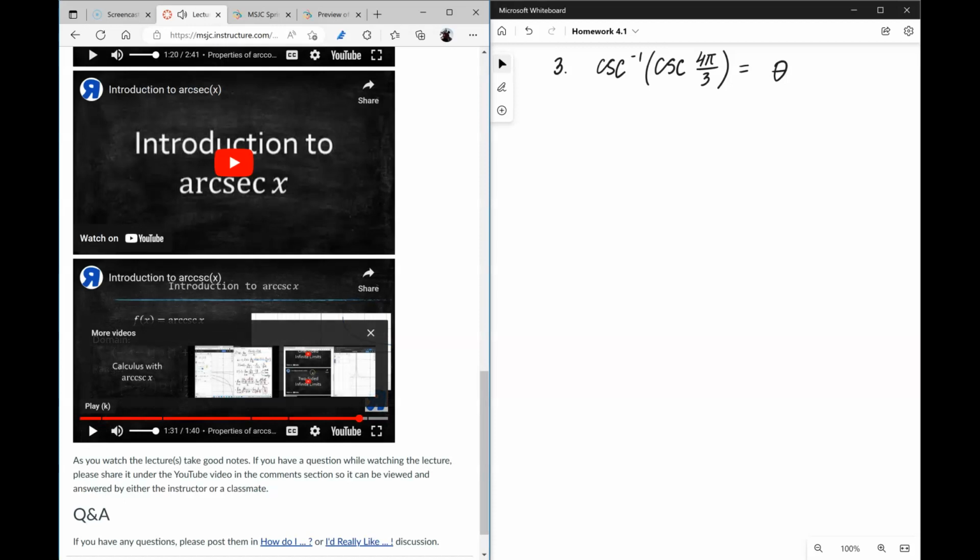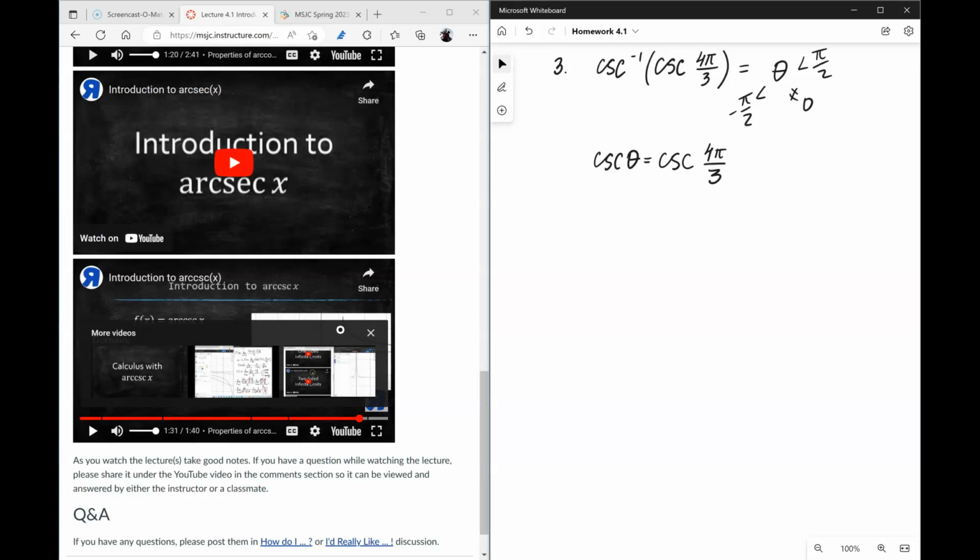It cannot be equal to 0. So it has to be from pi over 2 to negative pi over 2, and it cannot be equal to 0. So these are the conditions that theta has to satisfy, in addition to cosecant of theta has to be equal to cosecant of 4 pi over 3.